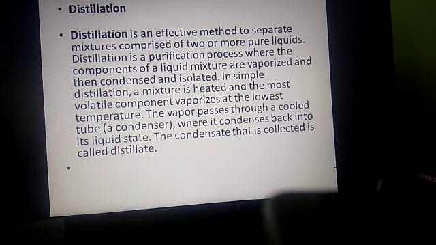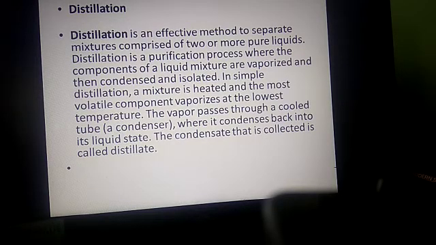As the steam passes through the cold glass tube, the molecules slow down. On cooling of the vapor, the molecules move slower. As the molecules slow down, the force of attraction brings them closer to one another and they again form liquid water. This process is also called condensation.